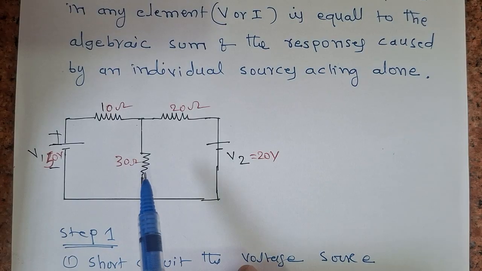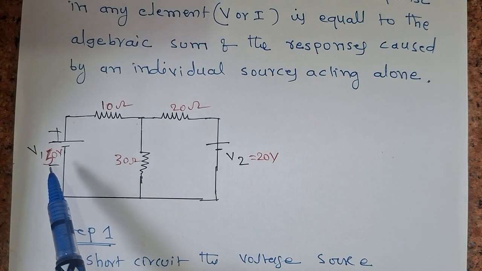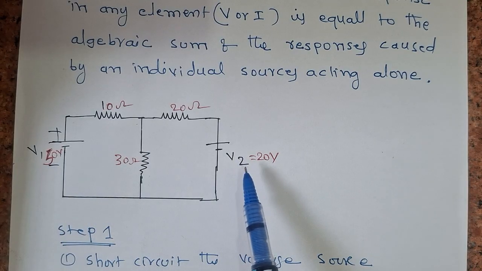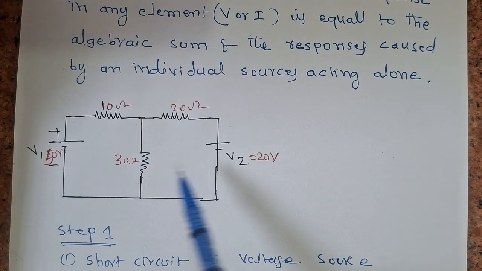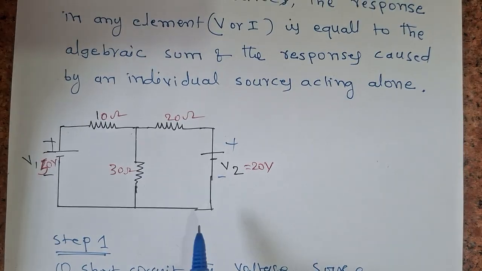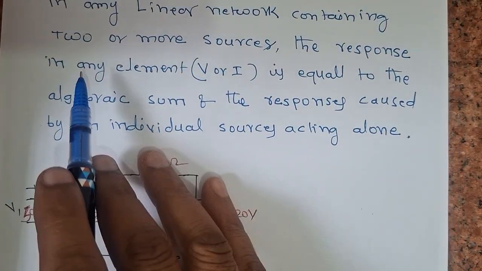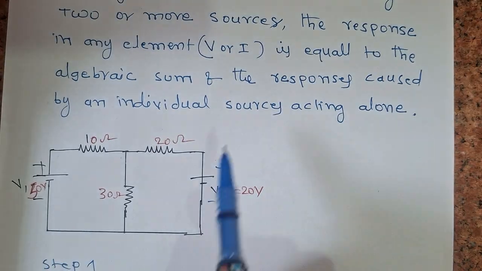Here V1 and V2 are connected with positive and negative terminals. So the theorem is saying two or more voltage sources or current sources.